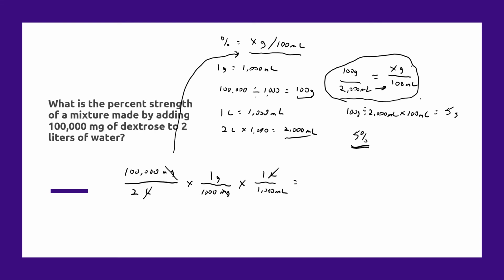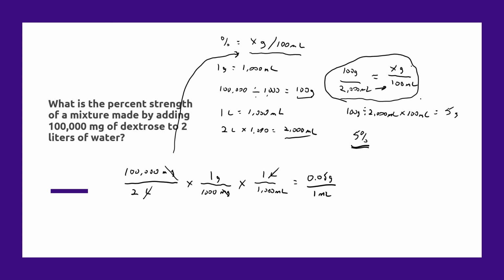So if we solve it this way, let me pull out my calculator. That's 100,000 divided by 2 times 1 over 1,000 times 1 over 1,000. What we wind up with is 0.05 grams per 1 mL.